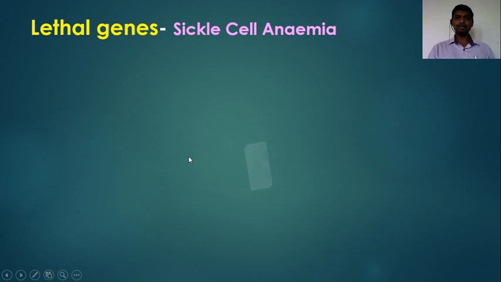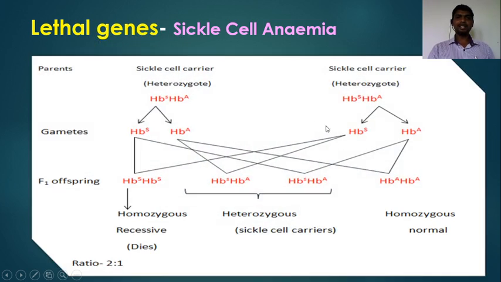Now we are going to study the inheritance of sickle cell anemia. Suppose one parent is a sickle cell carrier, a heterozygote, which means it possesses only one allele for sickle cell anemia. The other is also a sickle cell carrier, also heterozygous.